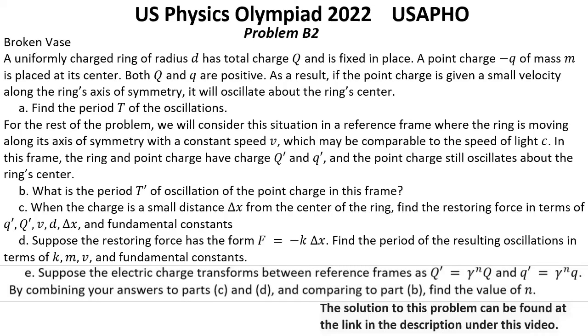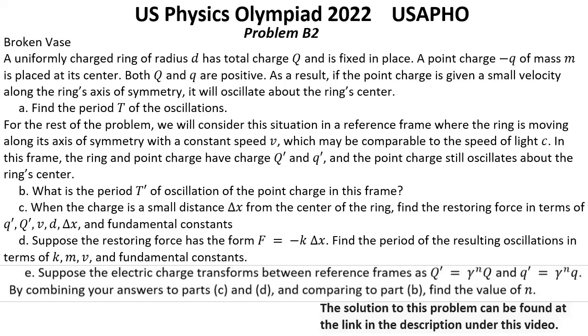A point charge negative q of mass m is placed at its center. Both big Q and small q are positive. As a result, if the point charge is given a small velocity along the ring's axis of symmetry, it will oscillate about the ring's center. Question A. Find the period T of the oscillations.